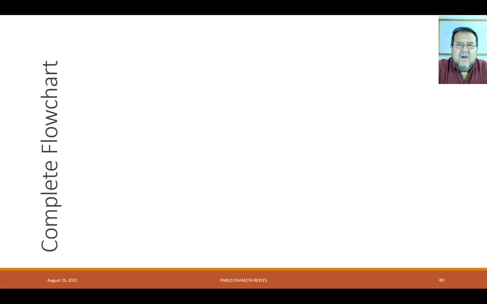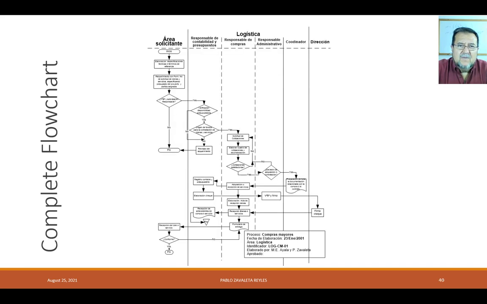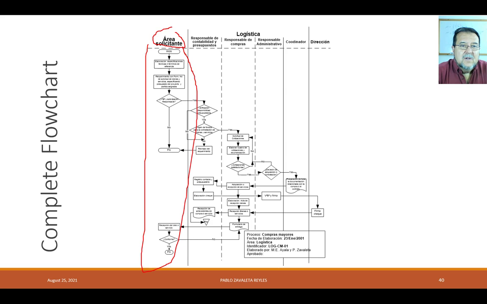Now if you want to do a more complete flowchart, you have this one, where I have here every single area has its own section. All our decision branches always give the yes in one part, the no in the other, if I can.